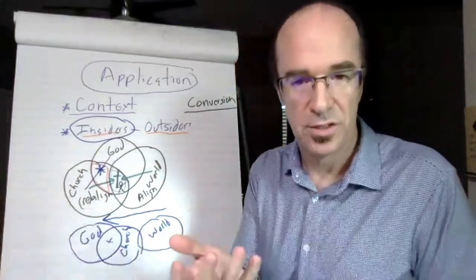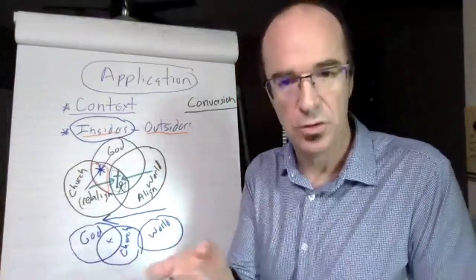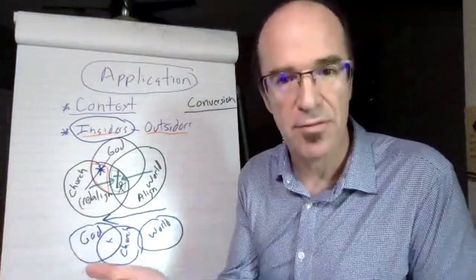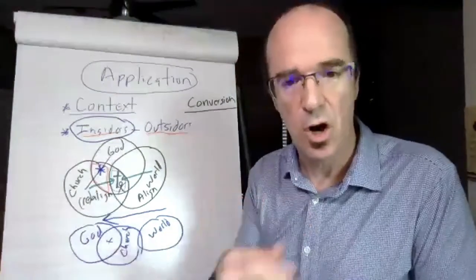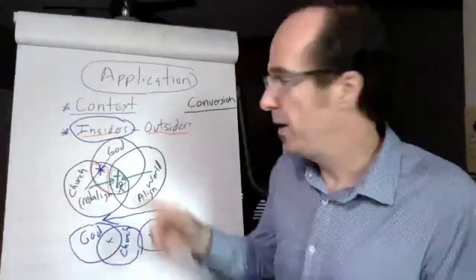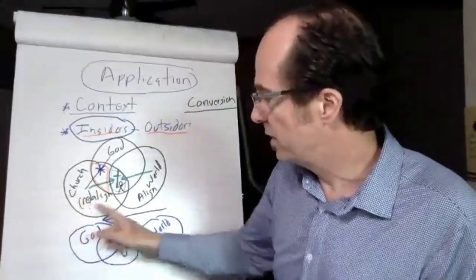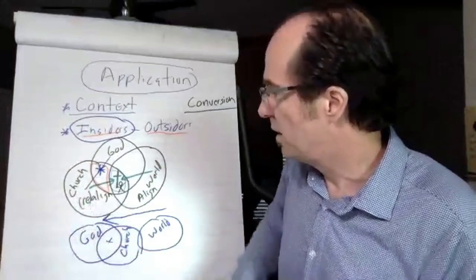My whole hermeneutic is basically based on Jesus's words in Matthew 4:17 and Mark 1: repent, for the kingdom of heaven is at hand. Jesus is calling us to be continuously repenting, continuously converting. So the church has to continuously realign, and the world has to align.